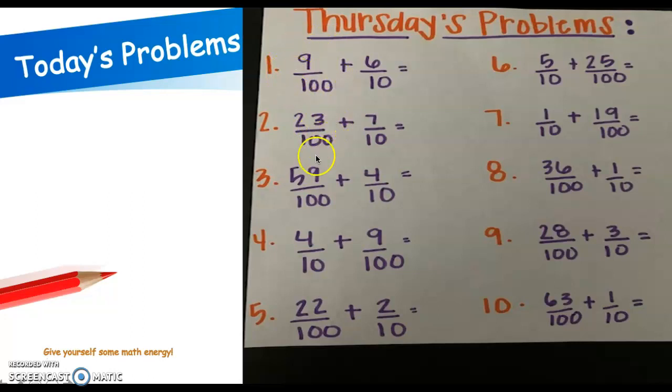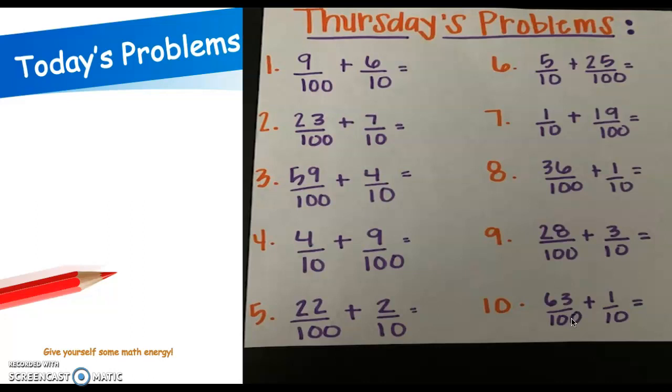This fraction, this one, this one, this one, this one, this one, this one, right here, and right here, okay? It's super easy breezy, beautiful, cover girl. I know y'all can do it.